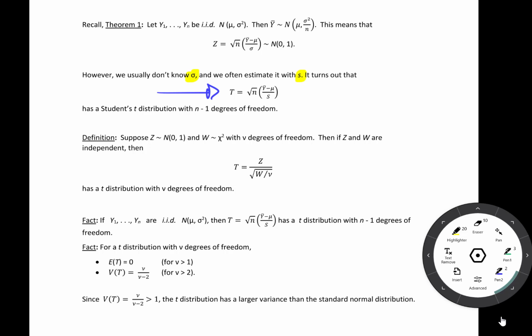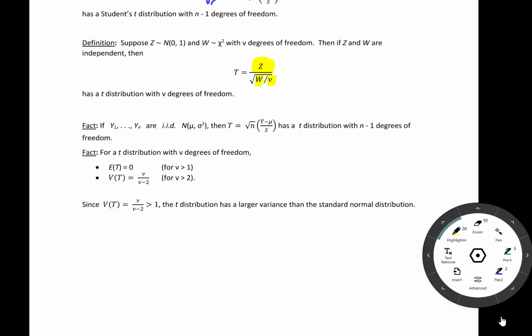Notice the t distribution is defined as the ratio of something distributed as a standard normal divided by the square root of something chi-squared divided by its degrees of freedom. One thing to keep in mind about the relationships between different distributions is that some distributions are defined as a combination of random variables from other distributions, and we see that with the t distribution.